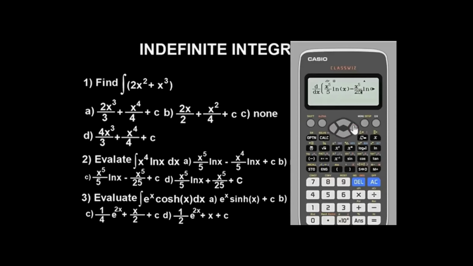There's no ln to it, so we have to clean this ln. Yeah, so that's what we have there. We have x to the power 5 ln x minus x to the power 5 by 25. So let's see that the brackets are balanced. We have 2 here, 1, 2. So it's balanced. Let's put equal. That's what we are going to have now, guys. Very simple.